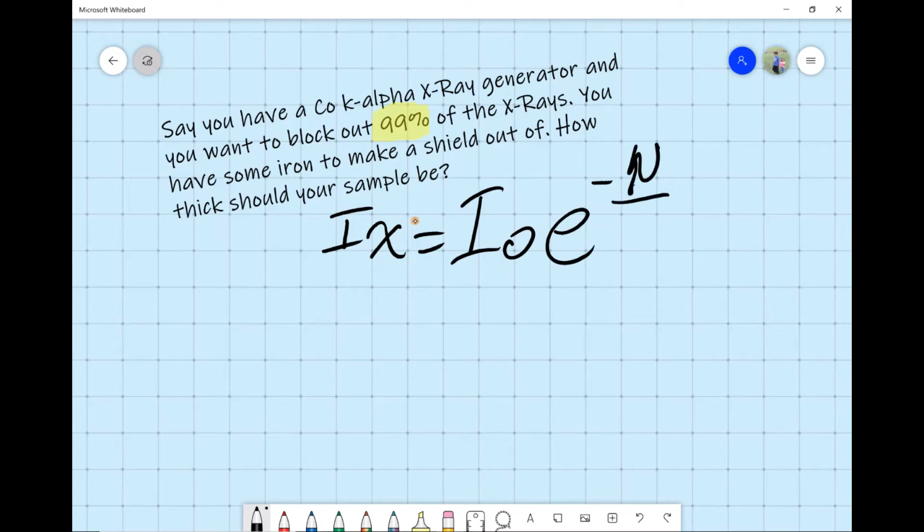It's supposed to be mu over density. Mu over density, density x. So we're going to solve for x. So this is how much is passing through. What the original was, e to the mu over rho, and I wrote it very sloppily.